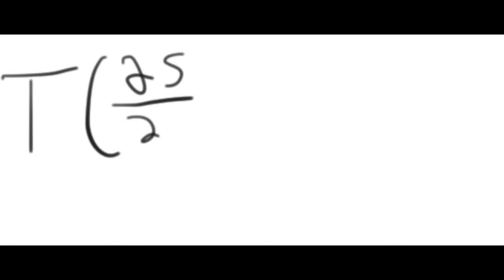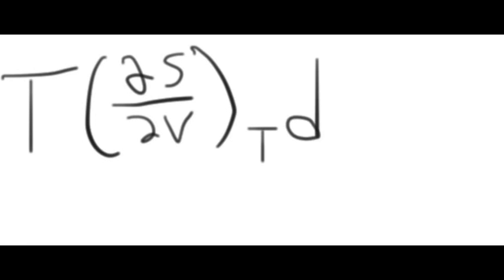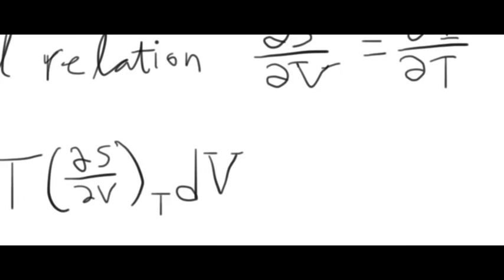Now, since we're working with only one partial derivative here, we can say that this is the change in entropy from the initial state to the final state.